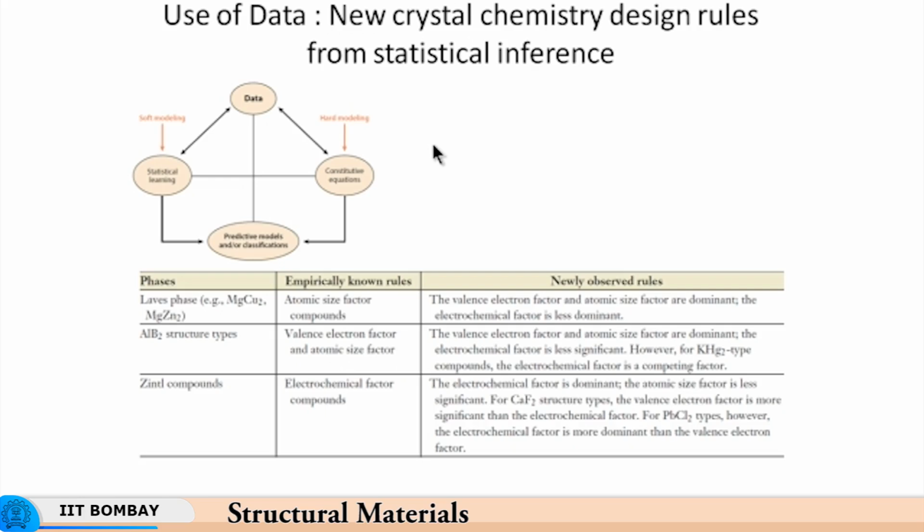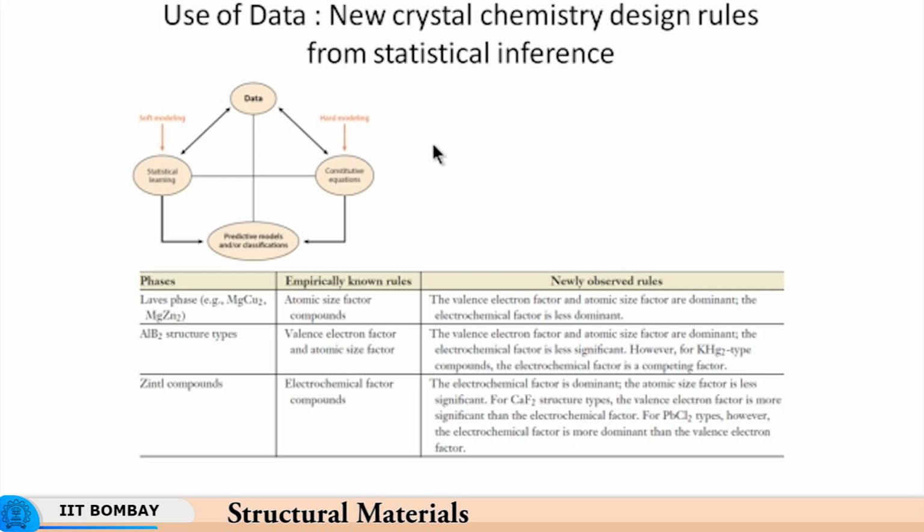We have sensors sensing the various attributes of the material, and so now we have Hume-Rothery rules which we know of, right. So you have empirically known rules, as atomic size factor is one of the rules which governs whether an alloy will be formed or not, whether metal A will dissolve in metal B or not, whether a substitutional solid solution will form or not, right. Now these are empirically known rules.